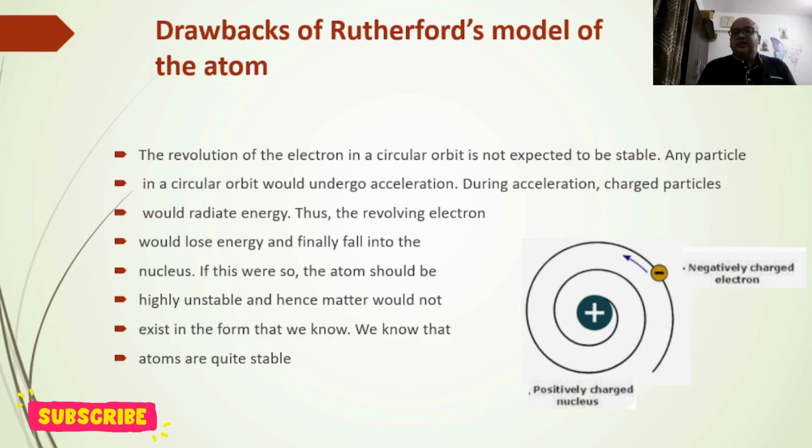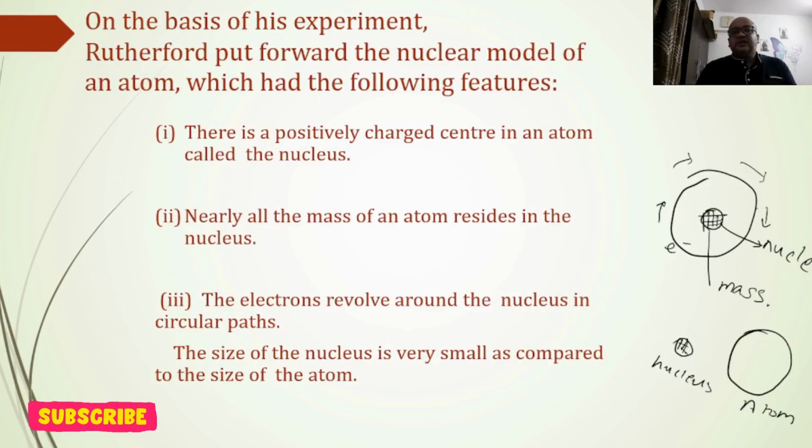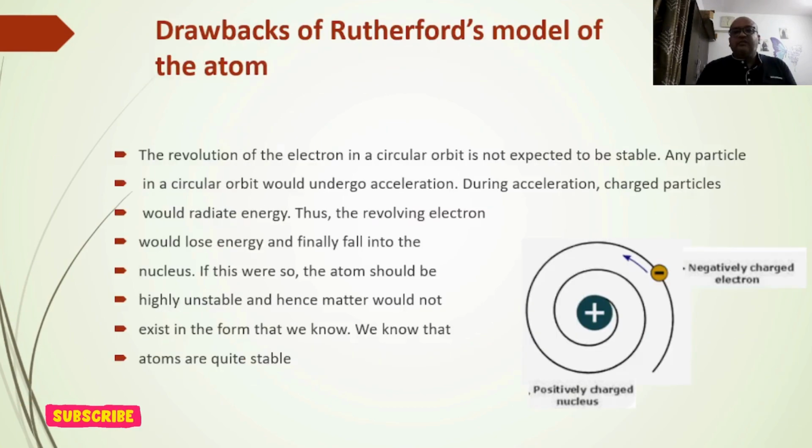He nicely told us that all the mass is concentrated in the center and the electrons are revolving around the nucleus in a circular path. Now what are the drawbacks which pull down this Rutherford model? Let's see one by one.